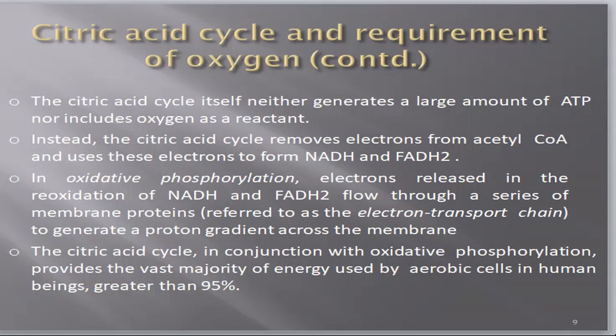To run the TCA cycle, we require NAD plus and FAD molecules in order to extract the energy from the carbon compounds formed in the TCA cycle. As there is a lack of NAD plus and FAD cofactors, the TCA cycle reactions cannot take place. It results in a decrease in the speed of the TCA cycle.